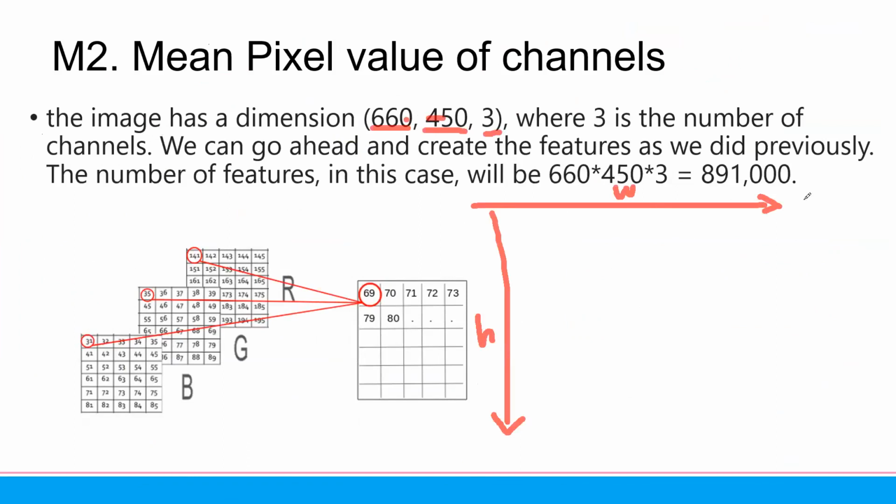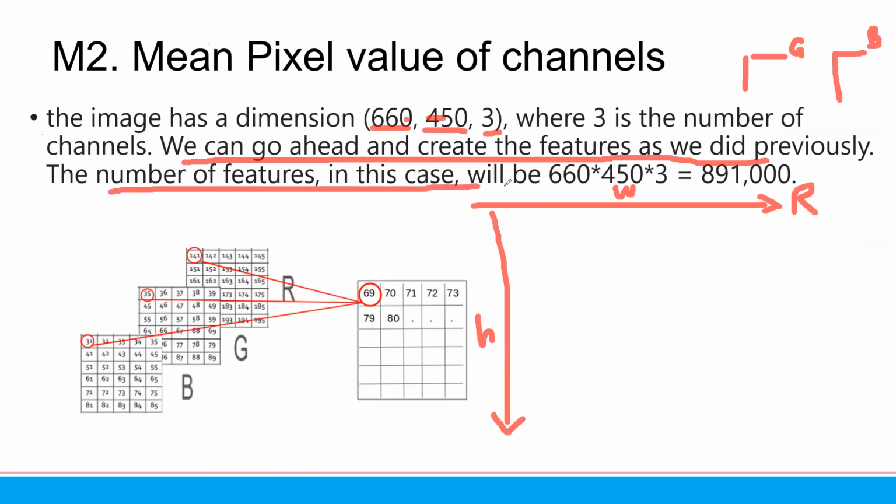The first is representing the R, we have another matrix representing the G, and another matrix representing the B. So the 3 numbers represent the 3 channels. So we can go ahead and create the features as we did previously. The number of features in this case will be this amount, because we are going to combine them.